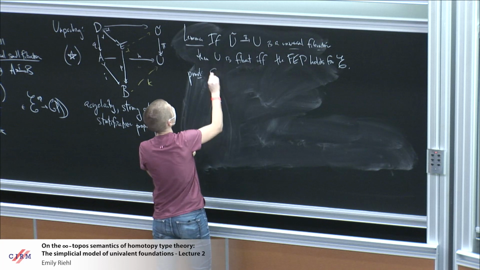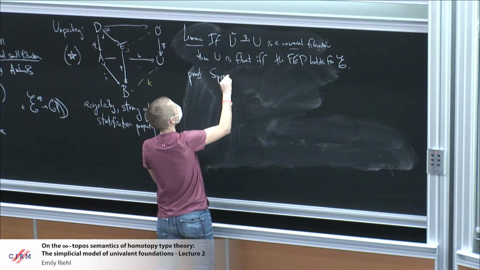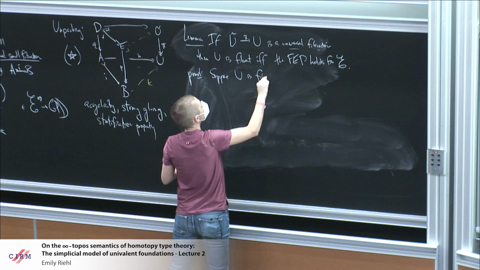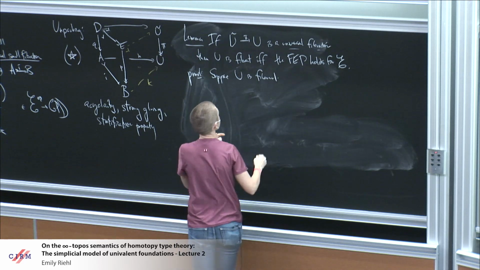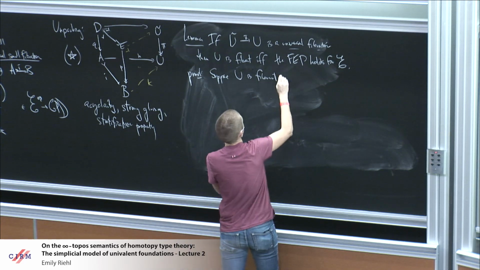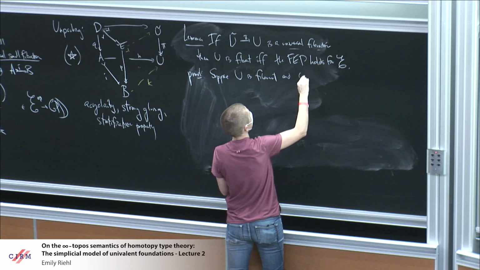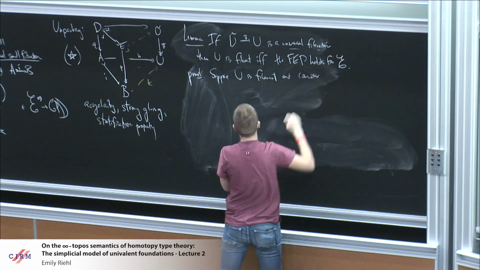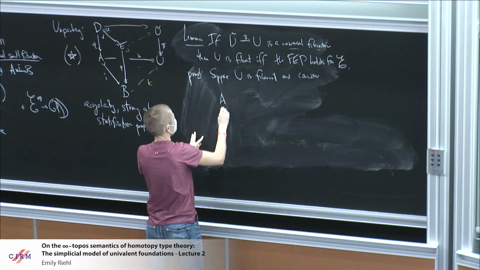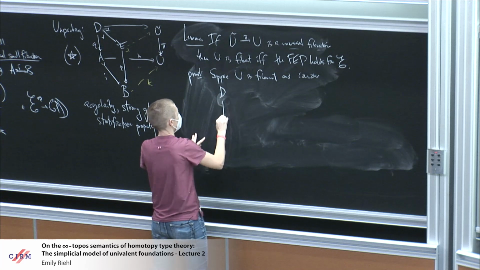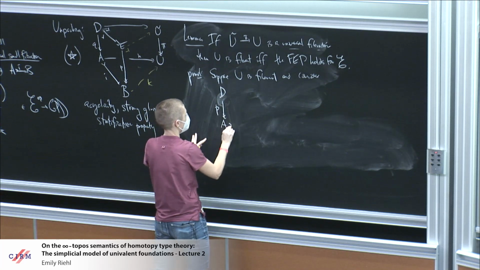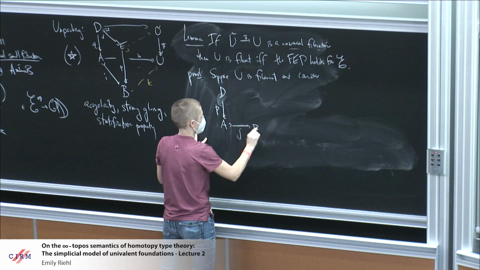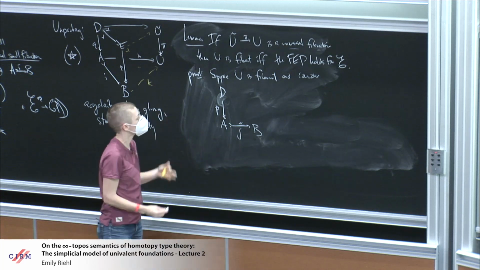So suppose, firstly, that U is fibrant. And let's consider this fibration extension problem. I'm considering in this case a small fibration over A and an arbitrary trivial cofibration here.